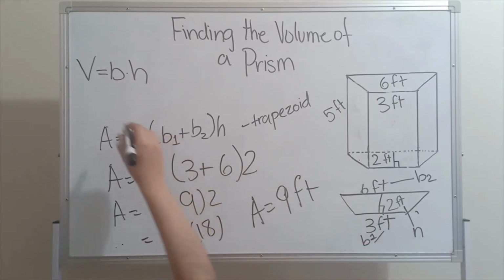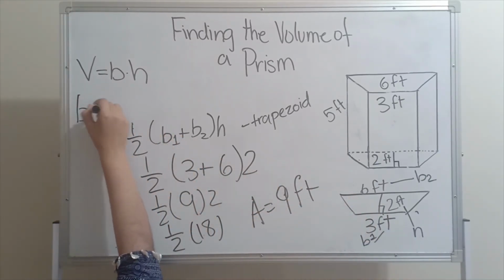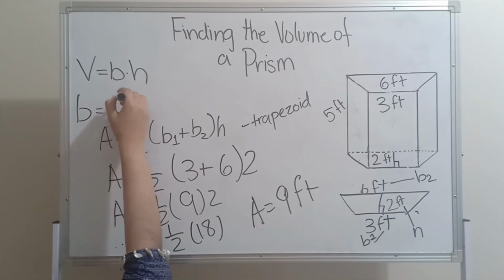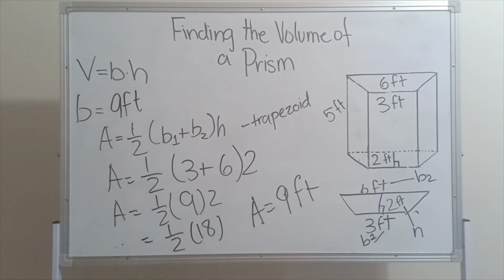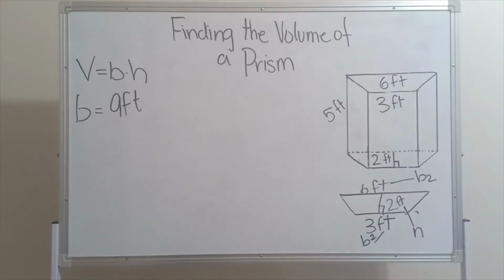We can write this. Now we found one of those, so we have 9 feet. So now we can move on to the height and complete this formula. We can now label the height, because there is no process we need to follow to find the height, since we are already given the height.